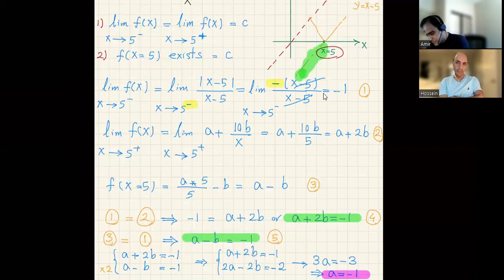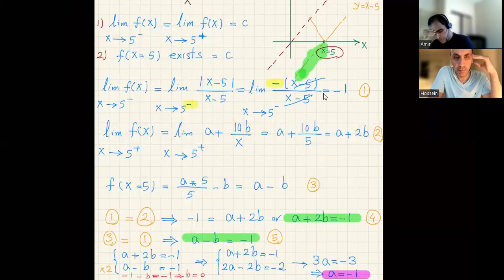Let me just change the color to this one. And from that, I plug it just here. Minus B equals to -1. So I move B to the right side. So B is equal to 0. Am I right?